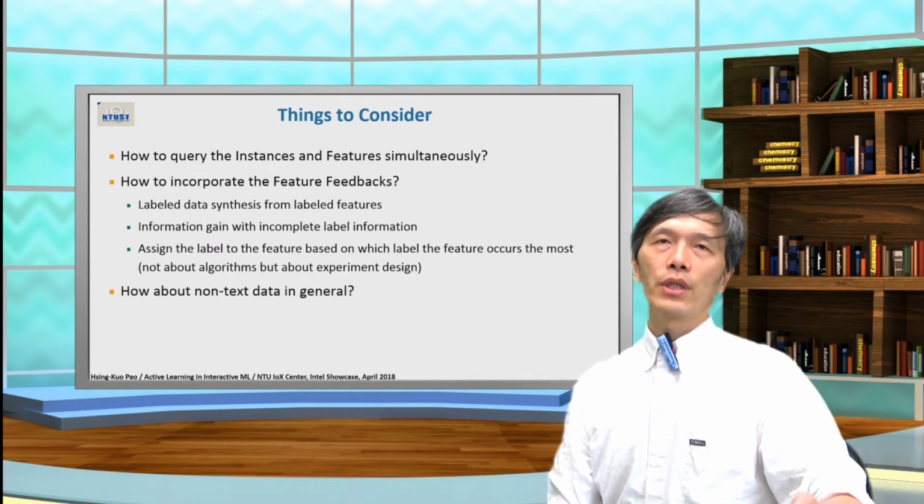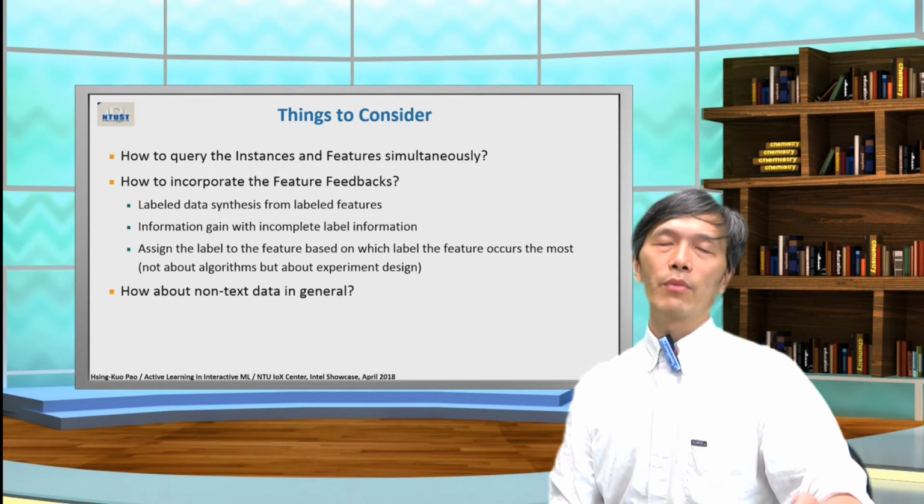We want to consider that when we ask for label information from the oracle, we have to consider how to incorporate the feature feedback, and how the labeled data should be considered.